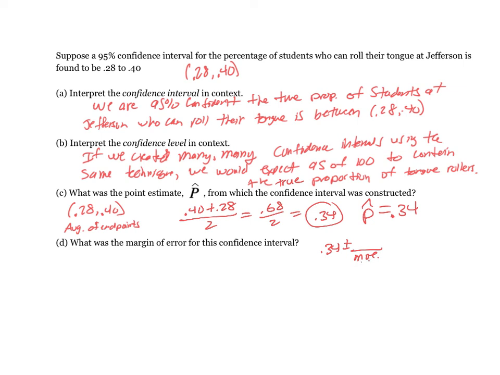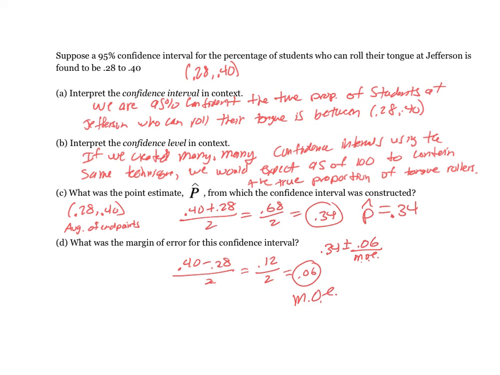Well, to do that, instead of adding the 2, subtract the 2 and divide it in half. So if I subtract these 2, I get 12%. And 12% divided by 2 is 6%. So the margin of error, the MOE, was 6%. So when they made this interval, they did 34% plus or minus 6%.